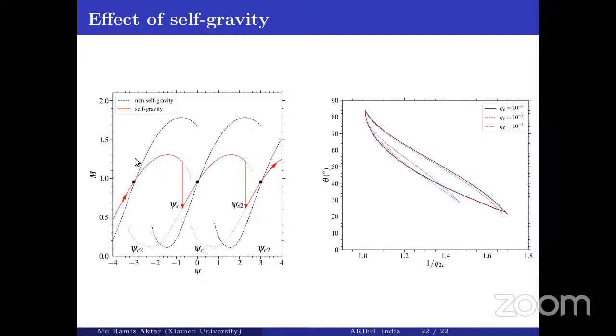For a particular input, that means the flow parameter as well as the adiabatic index, if we fix them, then there might be no shock in the non-self-gravitating disk, but for the self-gravitating disk, spiral shocks may be present. You can see two spiral shocks forming here, and for the non-self-gravitating disk, there are no shocks.